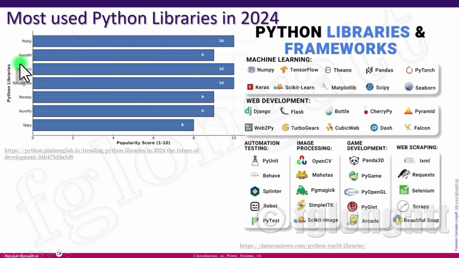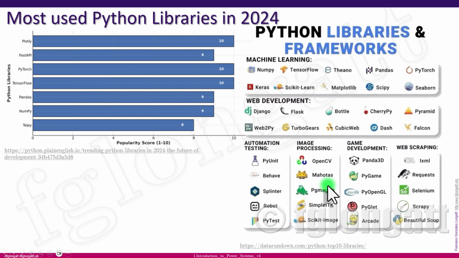PyTorch is probably the competitor or rival of TensorFlow. Both of those frameworks and libraries have been used for machine learning for many years. And over here you can see Pandas and NumPy, again, two very famous libraries for data manipulation, okay?